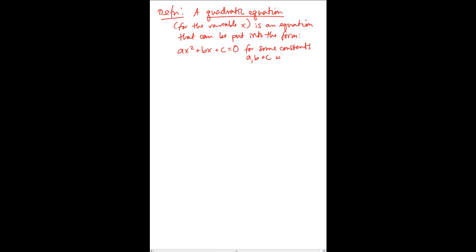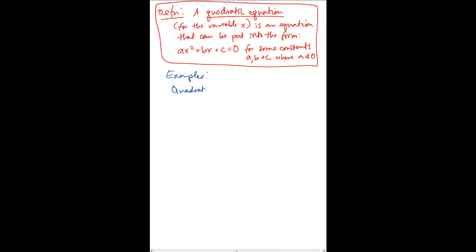Where we don't allow a to be 0. Right? If a was 0, it would just look like a linear equation. And the whole point of a quadratic equation is that we allow ourselves to square the variable. So again, let's look at some examples. So some things that are quadratic.